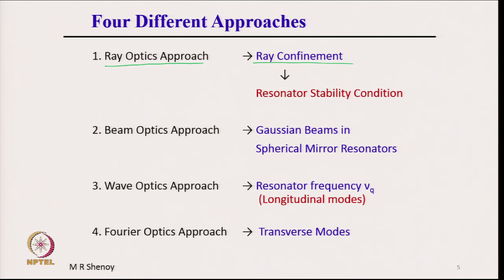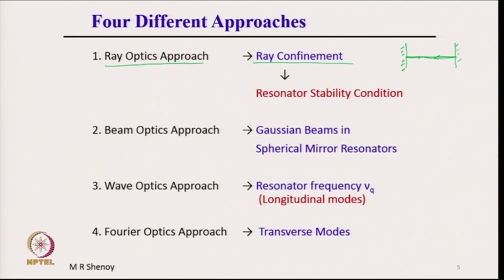So, confinement of rays to the resonator, which means if you had the plane mirror resonator, then here we are looking at only these rays which can build up. Any ray which goes at a slight angle will eventually go out of the resonator. So, ray confinement means those rays which are confined to the resonator.